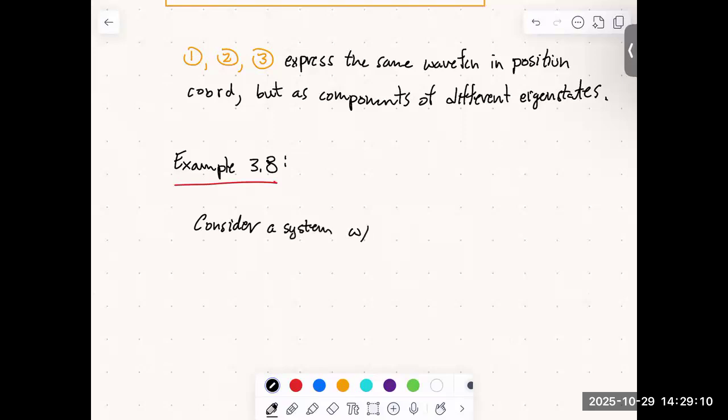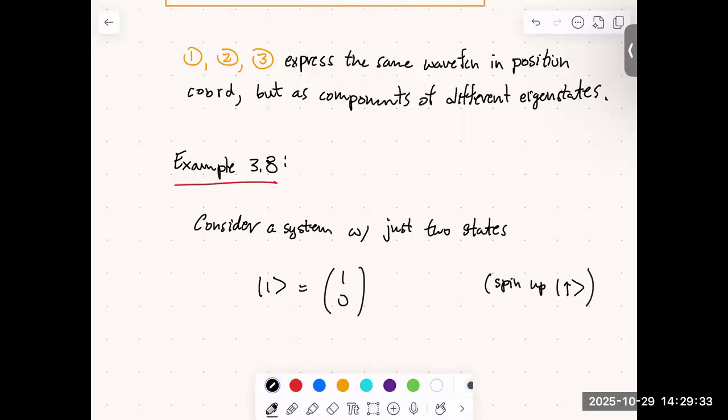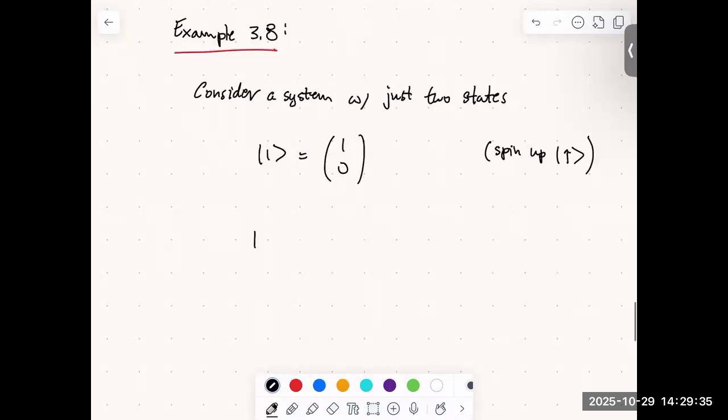So let's consider a system with just 2 states. So it's a discrete system. I can write down the 2 states explicitly. We'll call state 1, (1, 0). Okay, so it's like a little vector. And if you want, you could have in the back of your mind, this is like the spin up state. And we have our state 2, we'll call it (0, 1).